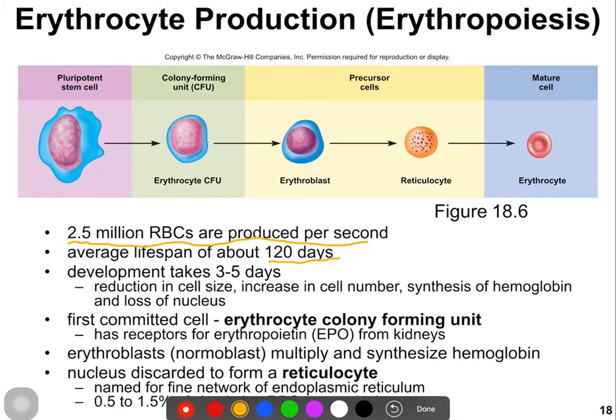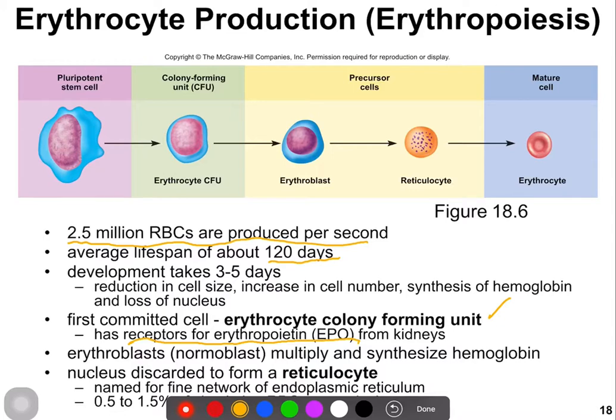As we said, the first committed cell is the erythrocyte colony-forming unit. It's a cell that has receptors for something called EPO, erythropoietin. Erythropoietin is a hormone made by the kidneys that will stimulate red blood cell production. Erythroblasts will multiply and synthesize hemoglobin. When we get to a reticulocyte, what's happening? The nucleus is gone.